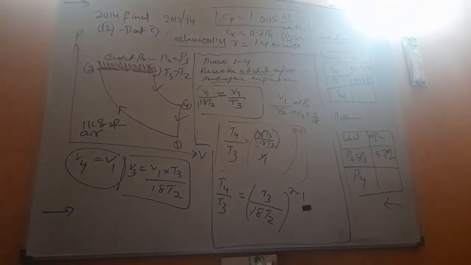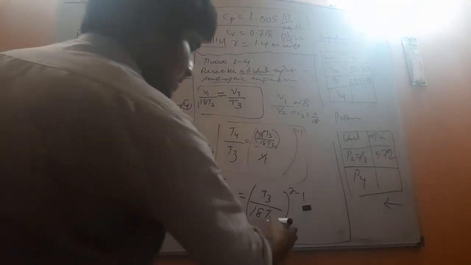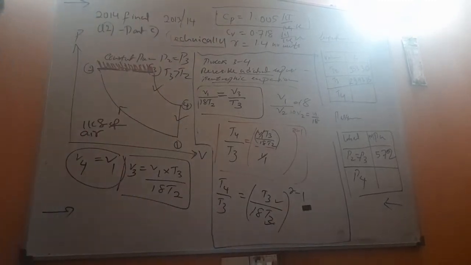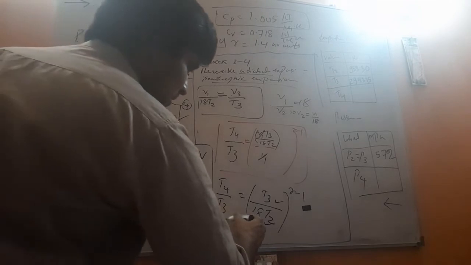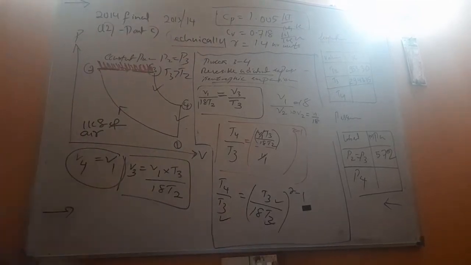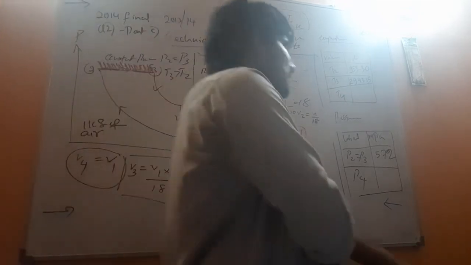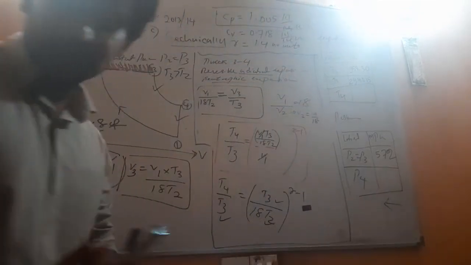Now what can you say? T2 you know, you have calculated. T3 you know, you have calculated, so you can very easily find T4. That is one way of doing that. There are several ways, but don't worry, I am going to analyze everything.